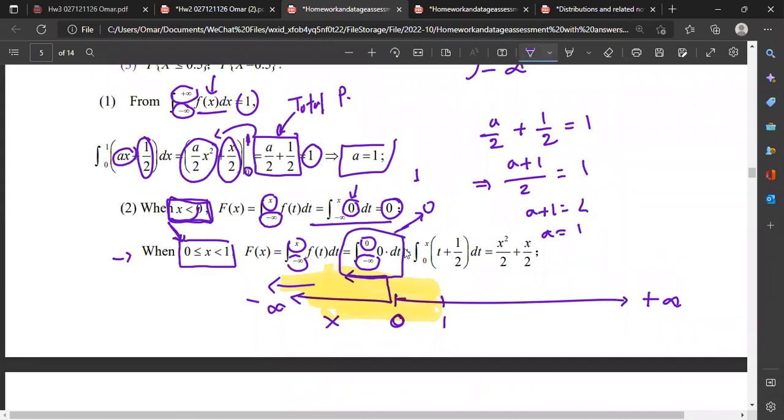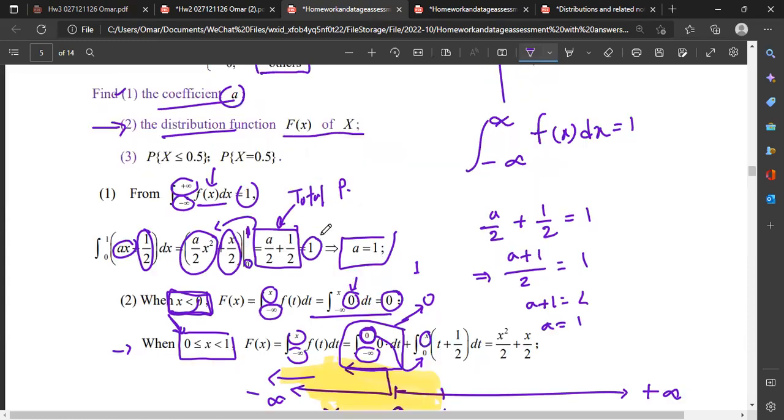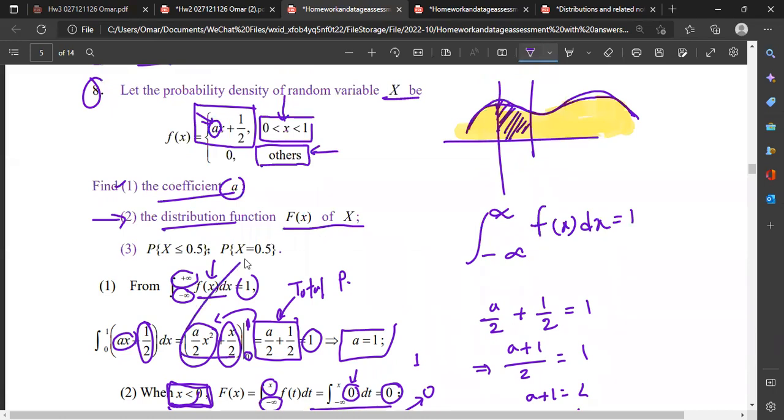And then the next part, from 0, now we take the upper limit and the lower limit. So the integral from 0 to x, and from 0 to x the function is given here, right? The function is ax plus 1 by 2.